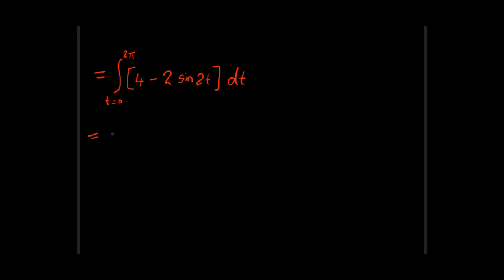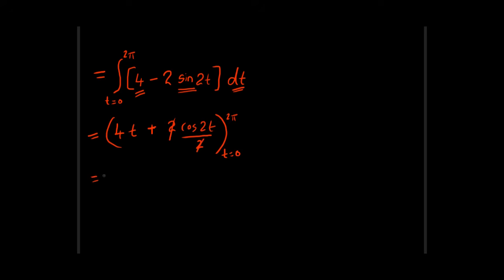Okay, so we are ready for integration and we get 4. It's a constant with respect to t. So we get 4 into t minus, what is integral of sine? Yeah, minus cos. So we get plus 2 cos 2t, the whole divided by 2. Within the limits, t is equal to 0 to 2 pi.